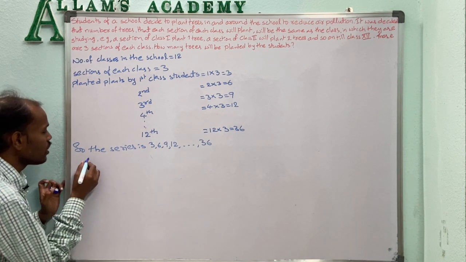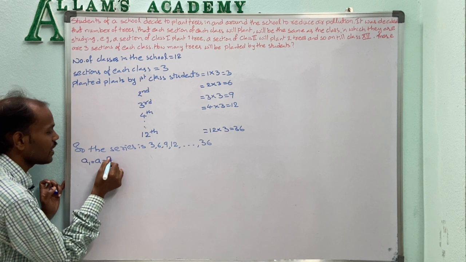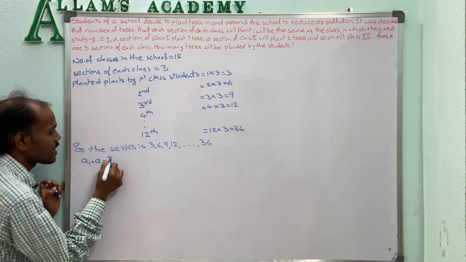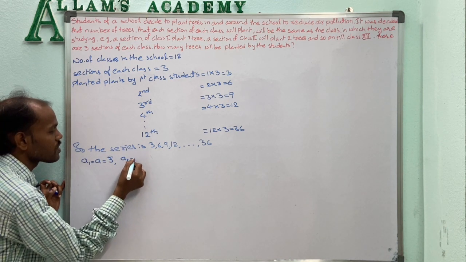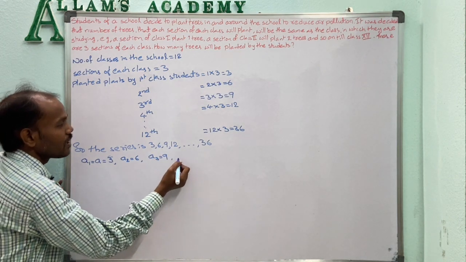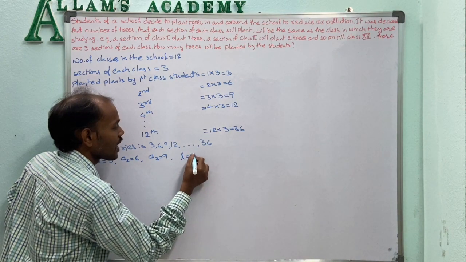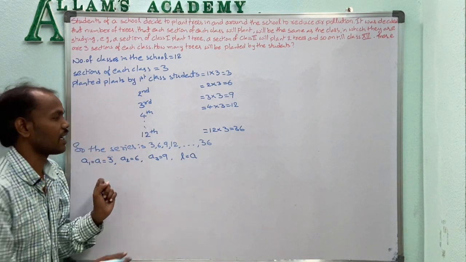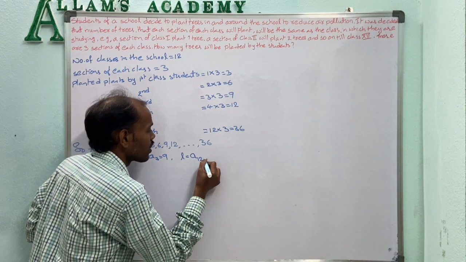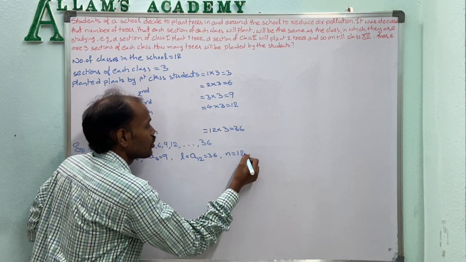The first term a1 is equal to a equal to 3, the second term a2 equal to 6, third term a3 equal to 9, and the last term l, there are 12 classes, that is a12 equal to 36, that means n value is 12.